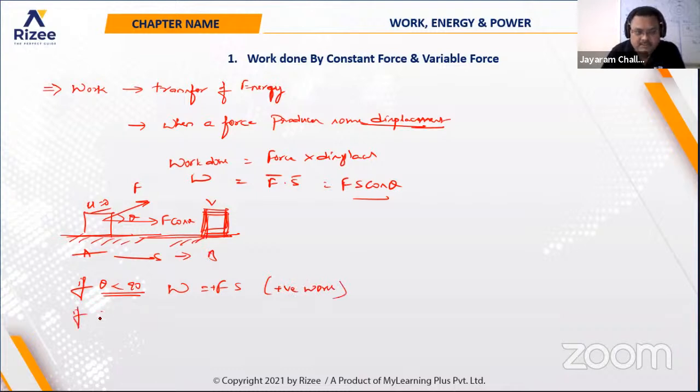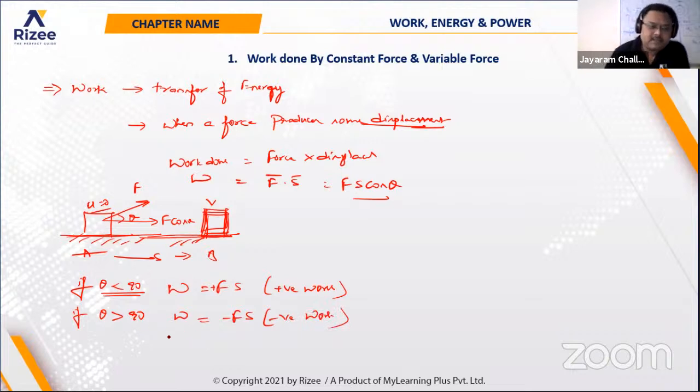And if theta is greater than 90 degrees, work done will be minus Fs, that is negative work. If theta is equal to 90 degrees, that means force and displacement are perpendicular to each other, then the work done will be 0.